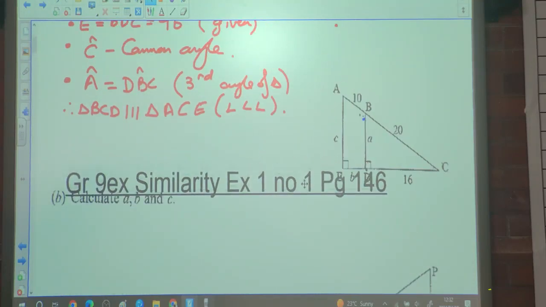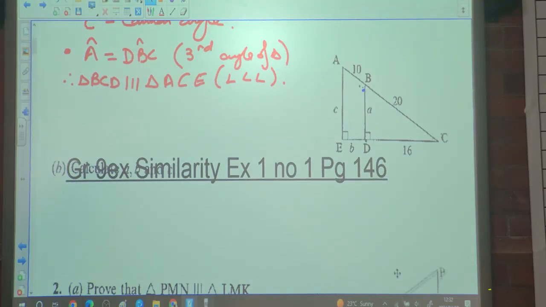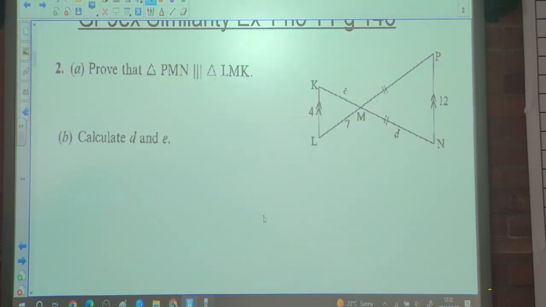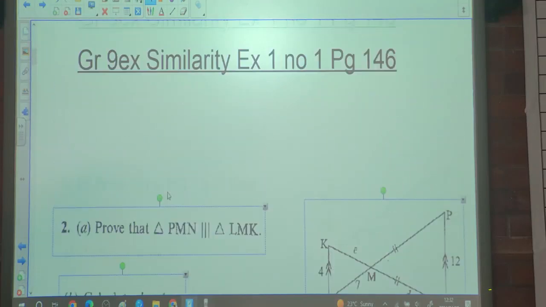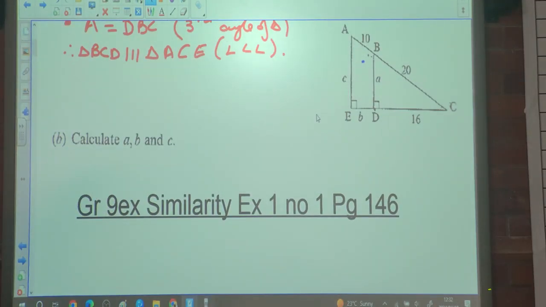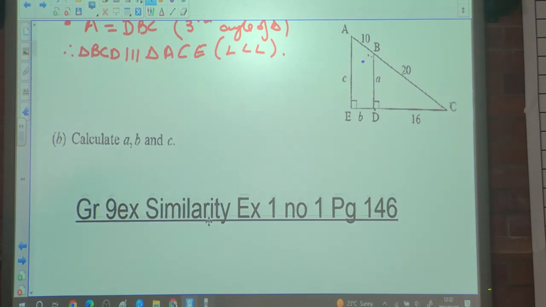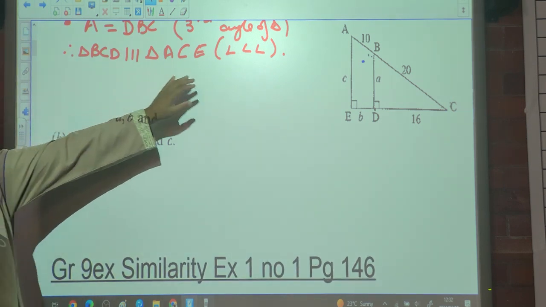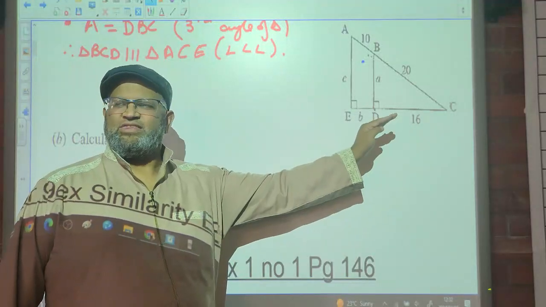So now in the next question we are told, you'll see from a similarity question, you'll always get a distance question or a length question.